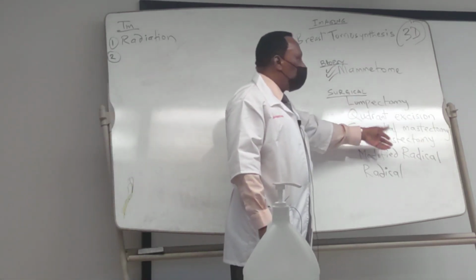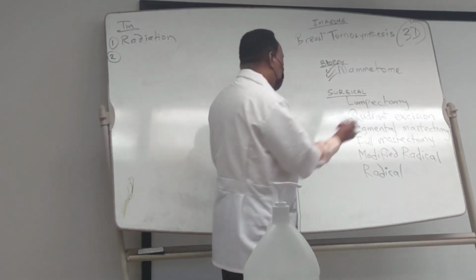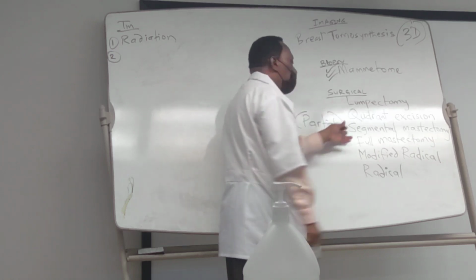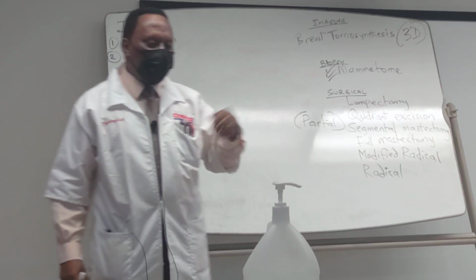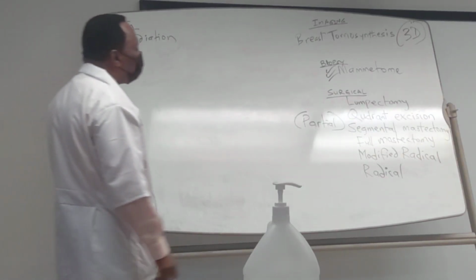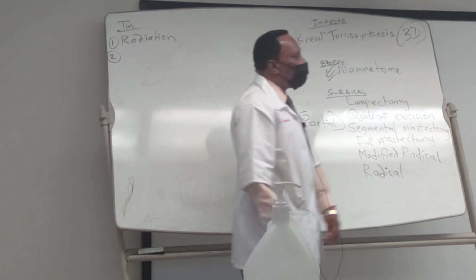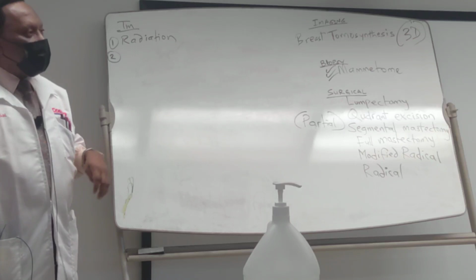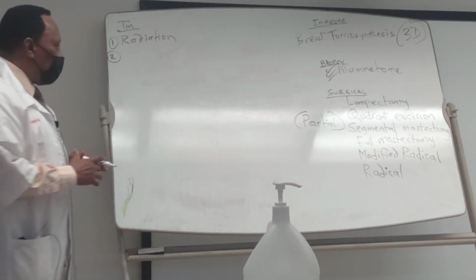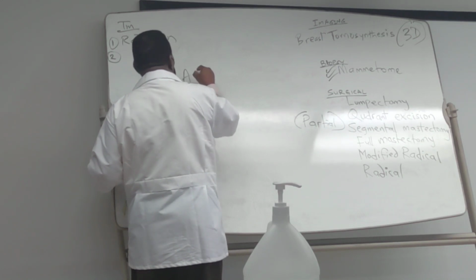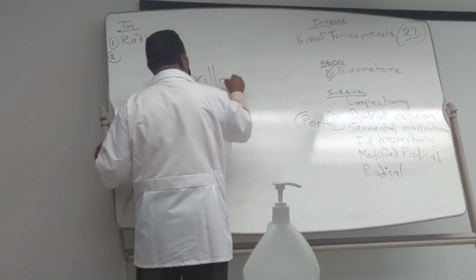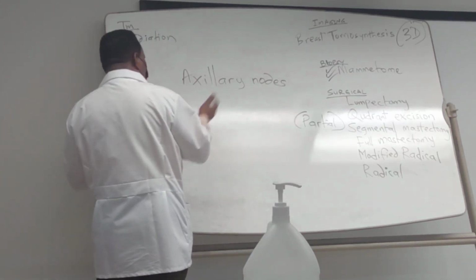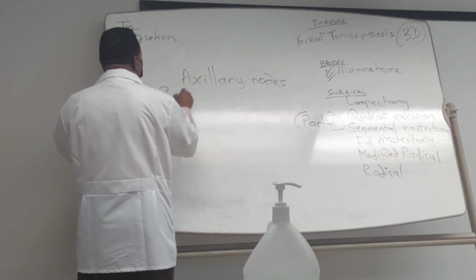Sometimes segmental is called partial. That's another term you can see. Partial mastectomy is the same thing as segmental mastectomy. And then modified radical mastectomy, that means you take off the entire breast, okay, and you also take off the axillary nodes as well as the pectoralis nodes.